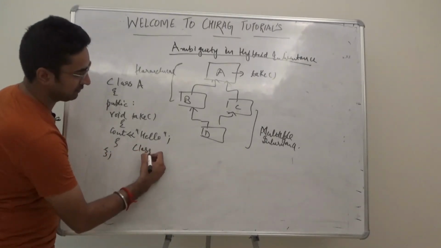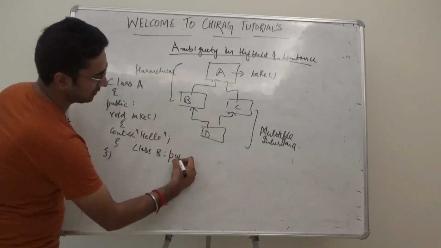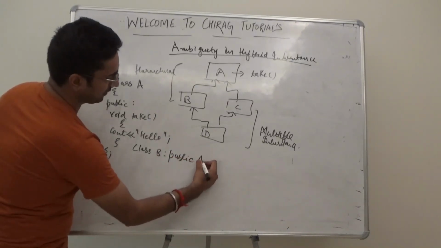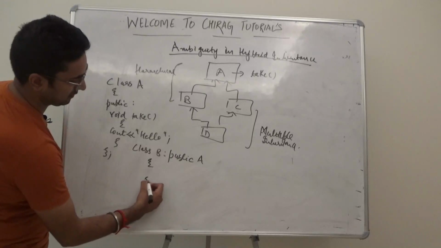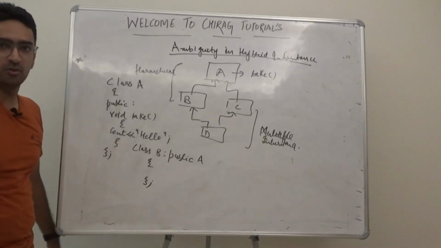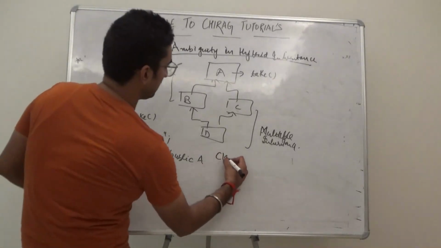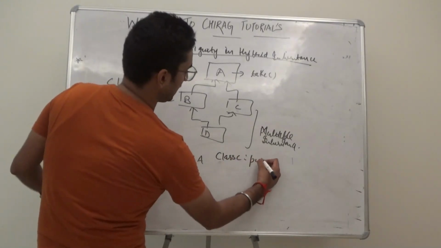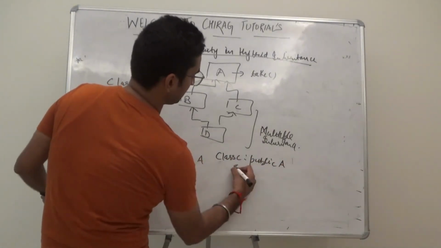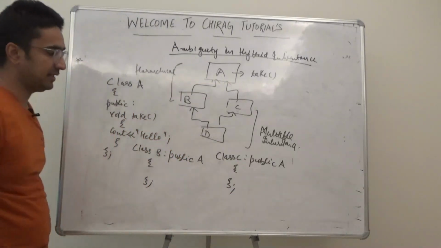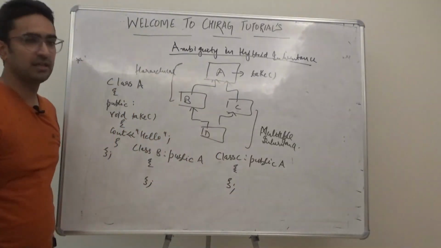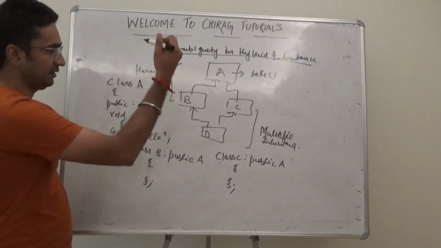I'm inheriting from class B, I'm writing public A. Class B is closed. Similarly, class C is inheriting from class A. So this is a hierarchical inheritance I have implemented.